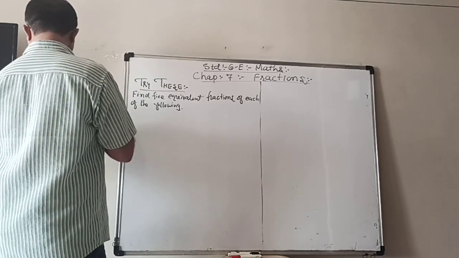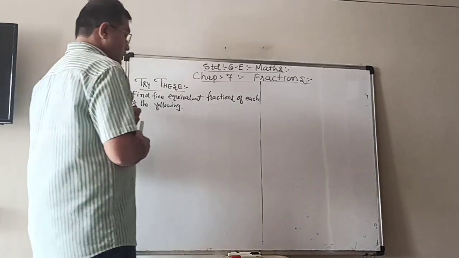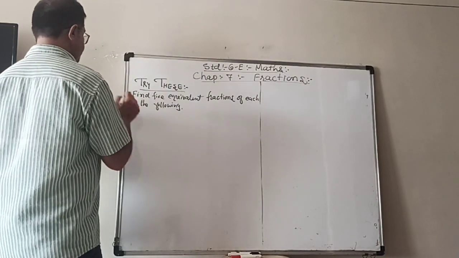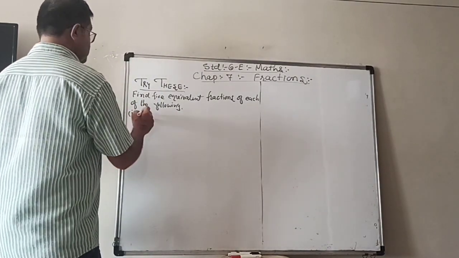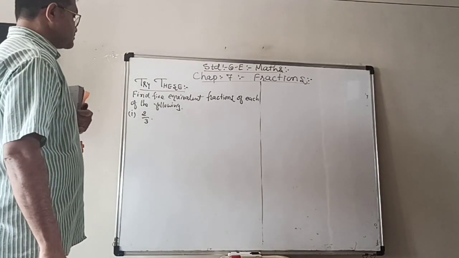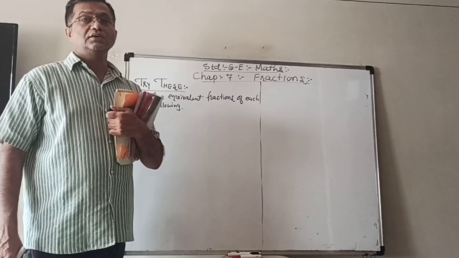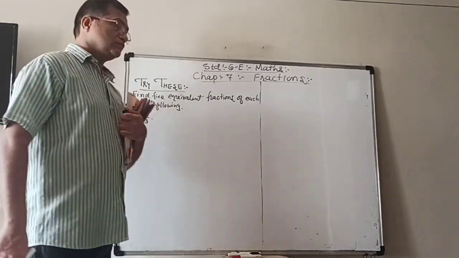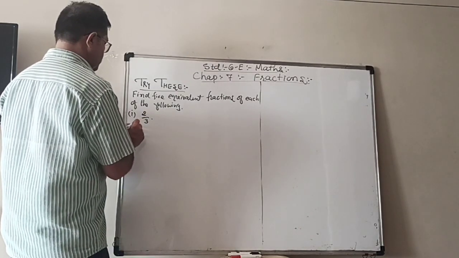So here we have to find 5 equivalent fractions of the given fraction. First one is 2 upon 3. So now we have to multiply 2 upon 3 with different numbers in numerator and denominator.